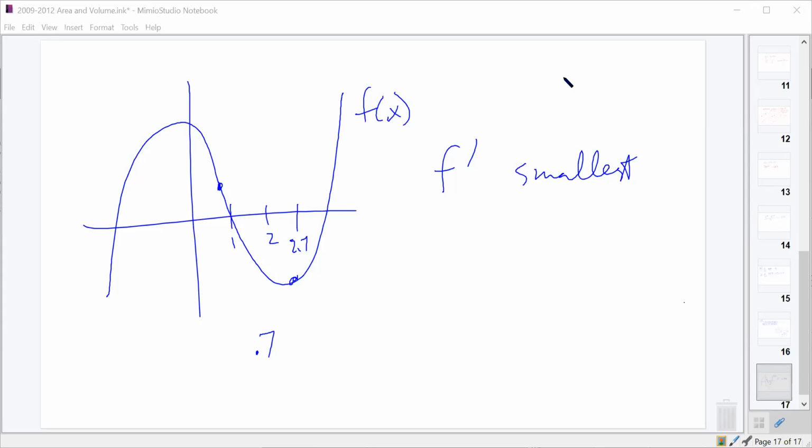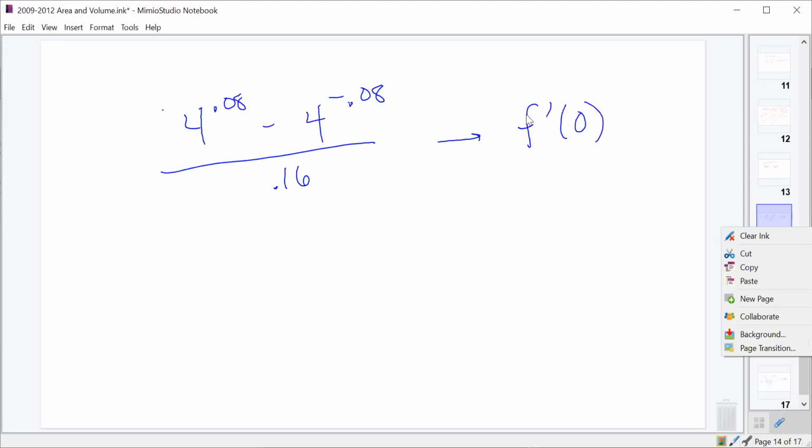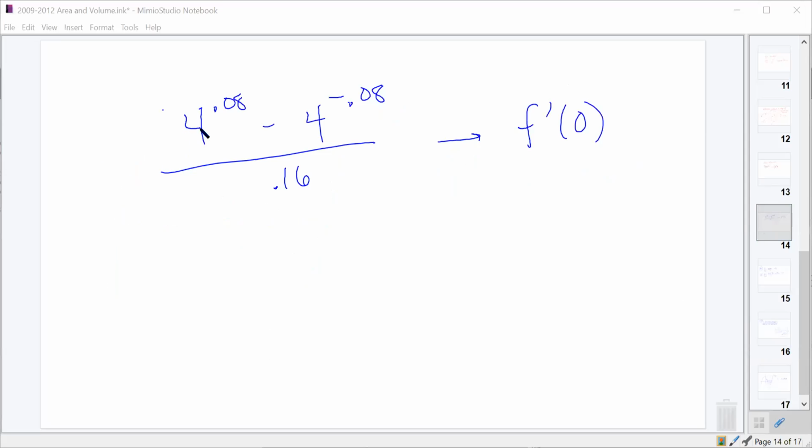92 and 93, if you look above those, they give you this definition of this thing that they're calling the symmetric difference quotient, which you don't need to know. I mean, you really don't need to know it. All you're doing is using that formula with x not equal to 0. So you're plugging in, your function is 4 to the x, so 4 to the x plus h, that'd be 0 plus 0.08, minus 4 to the 0 minus 0.08, divided by 2 times 0.08.